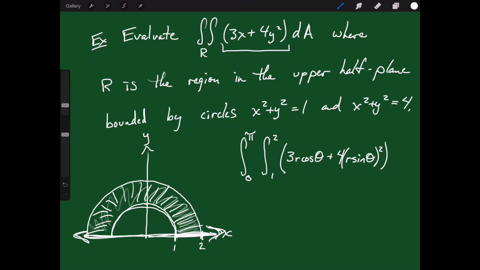Then I need an additional r to be in there, so multiply that all by r. Then we end up with dr d theta. And this is the integral that I need to compute. All right, let me erase this and we'll do it on the next page. Okay.